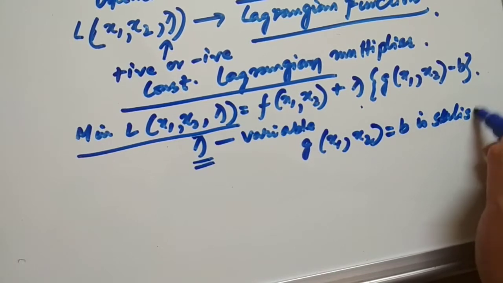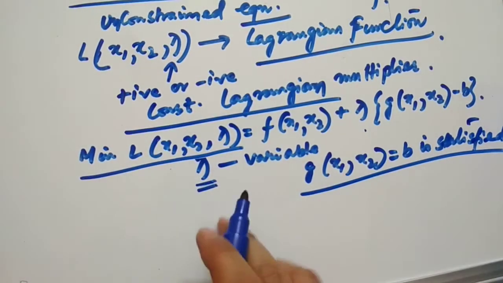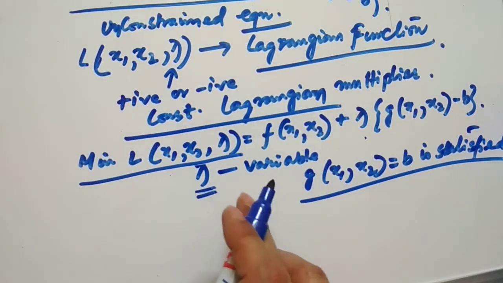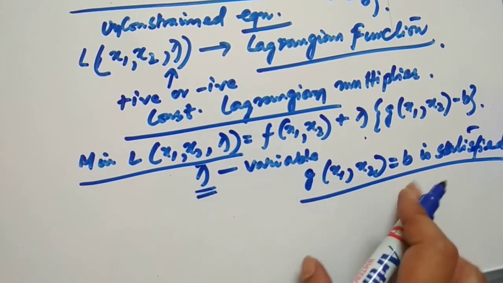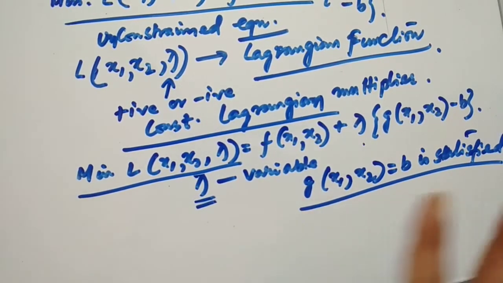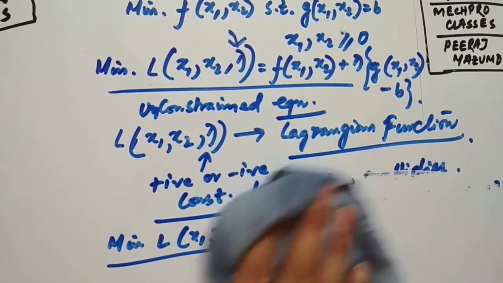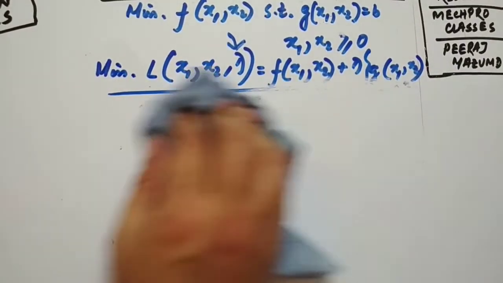Okay, you have to satisfy this equation, and we have to adjust lambda so that this equation can be satisfied. Let us see how to do it. Now I will write the necessary conditions for this objective. Okay, so let me write.